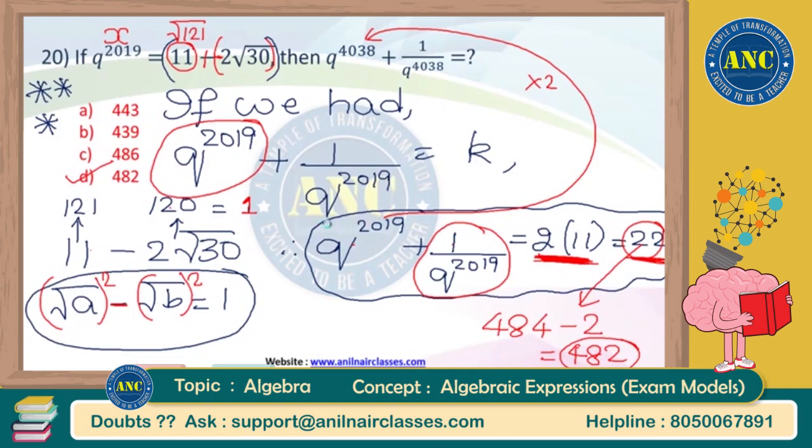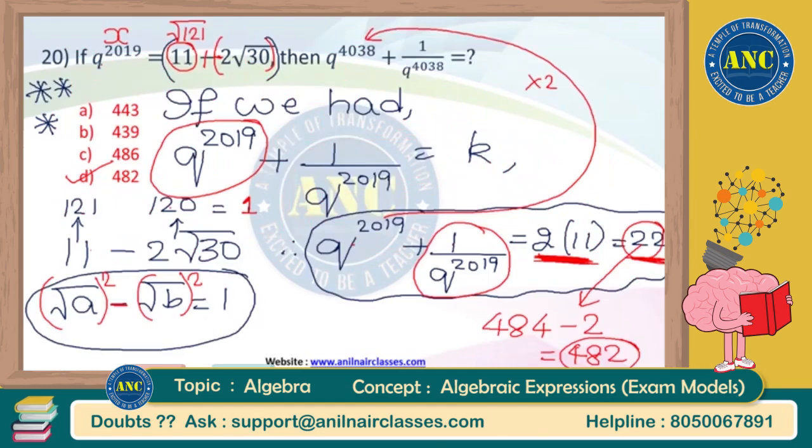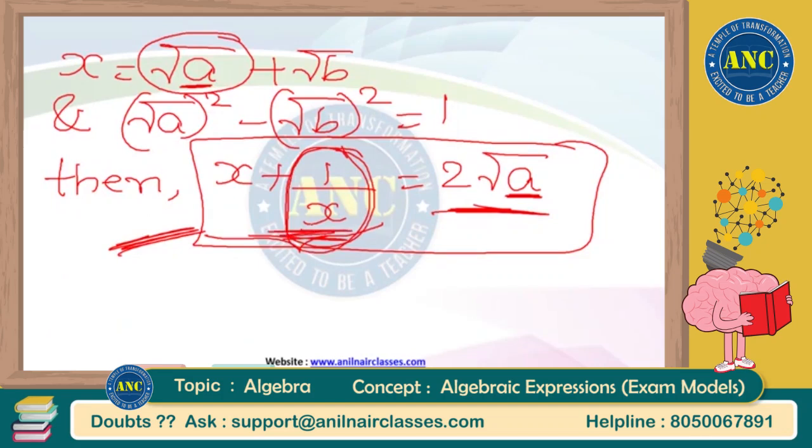First of all, why did I make use of this particular notation? Because 1 by x was not given in the question; only q power 2019 was given. But I have that doubling concept of k square minus 2, and so on, which applies when the reciprocal is also added. So I made sure that the reciprocal term will come, using this particular concept.